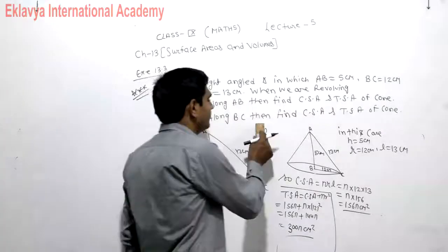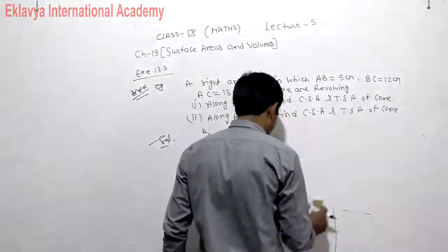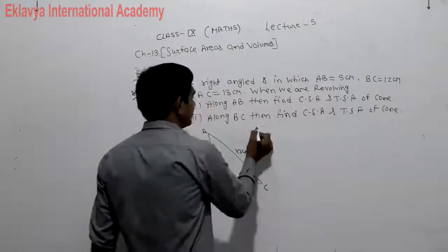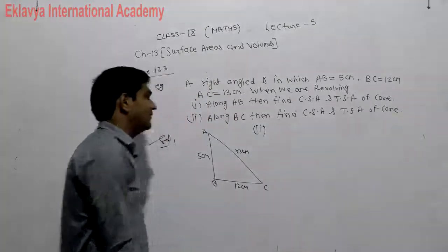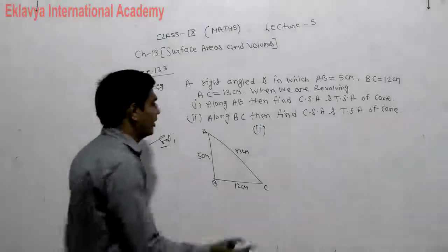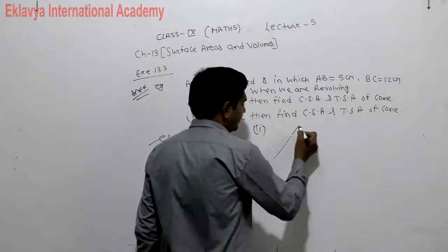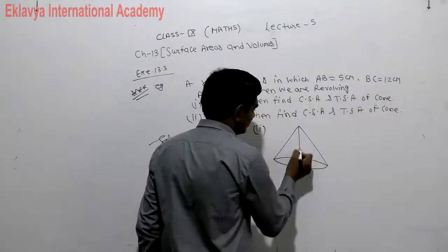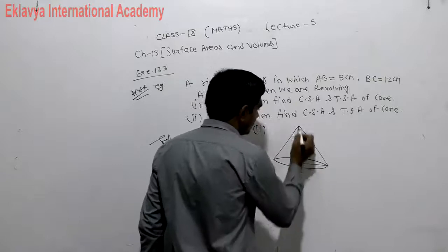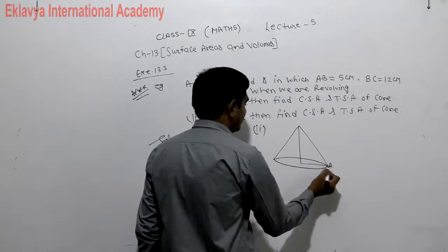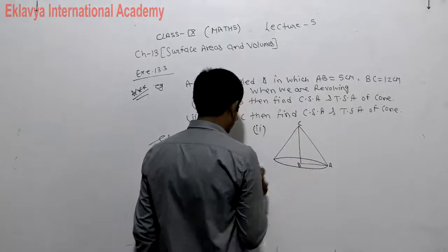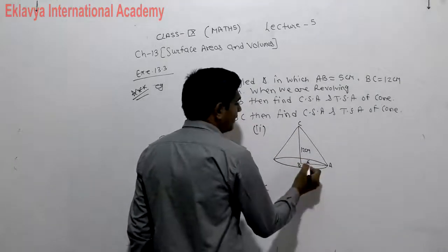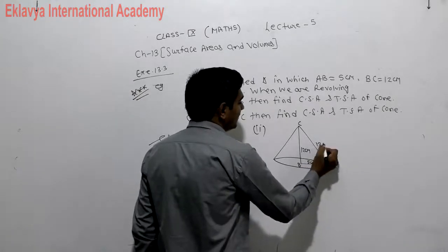Now see the second case. In the second case, when we are revolving along BC, a cone is forming. Here A, B and C. So BC is 12 centimeter, AB is 5 centimeter and AC is 13 centimeter.